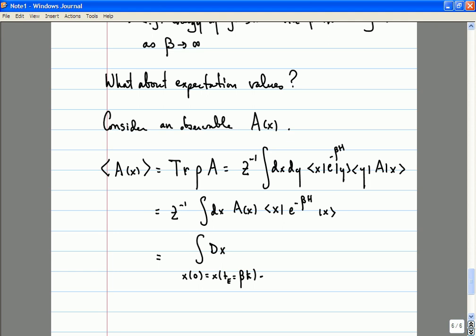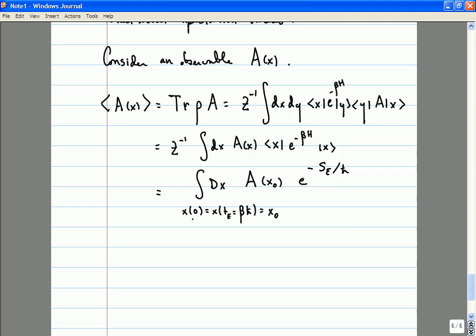And I'll call the value at t equals 0 x naught, times e to the minus S over h bar with the additional insertion of A as a function of x naught. Again, divided by the partition function, which is that same path integral, but without the insertion.